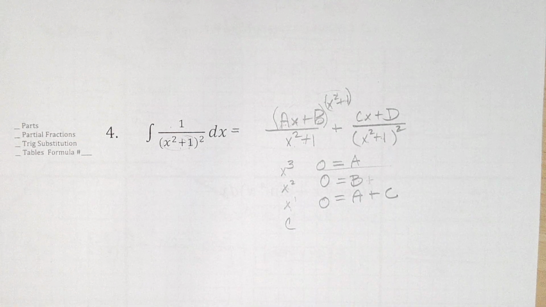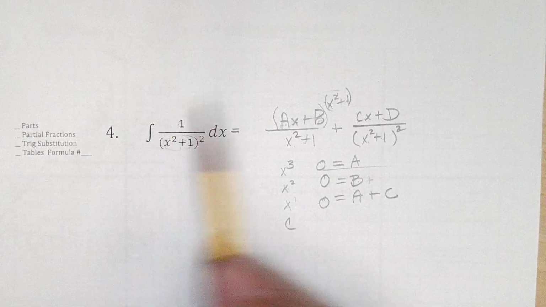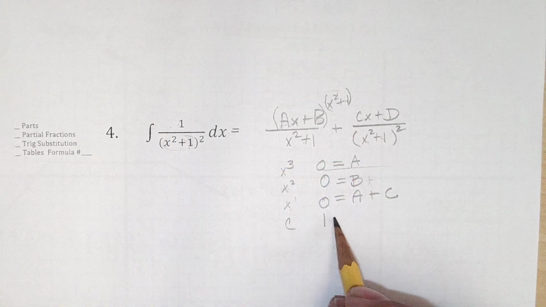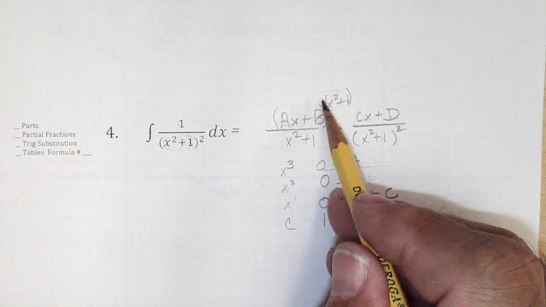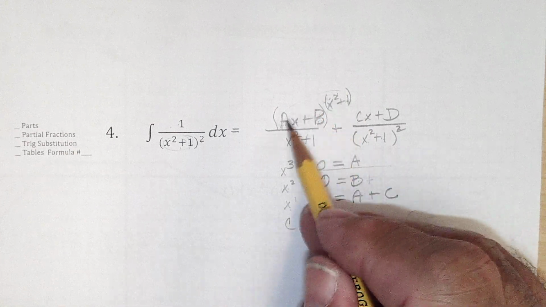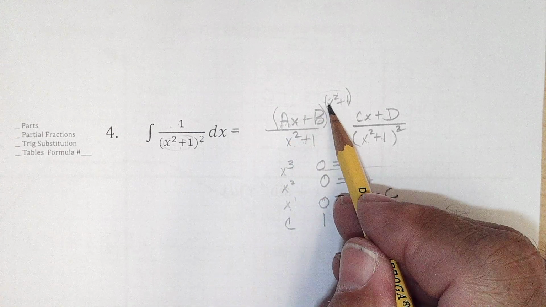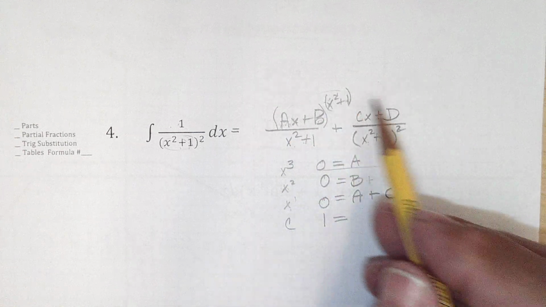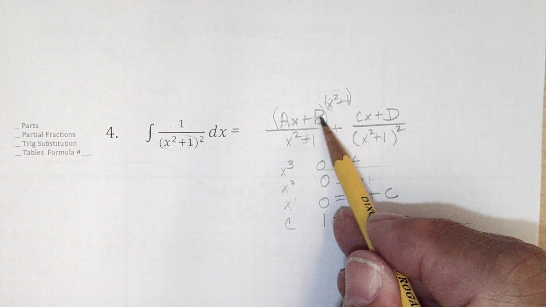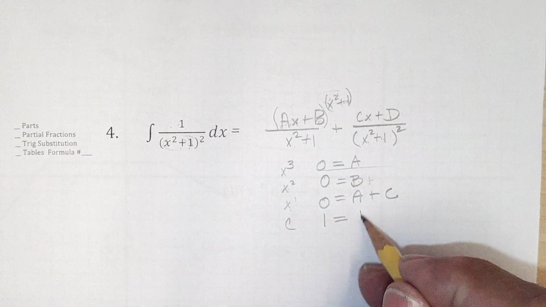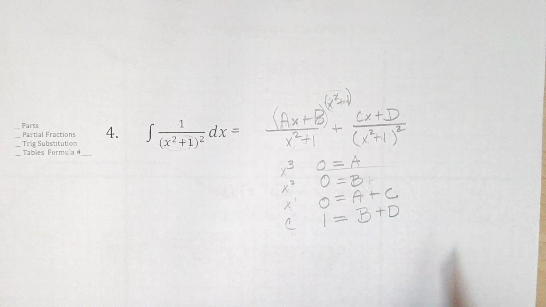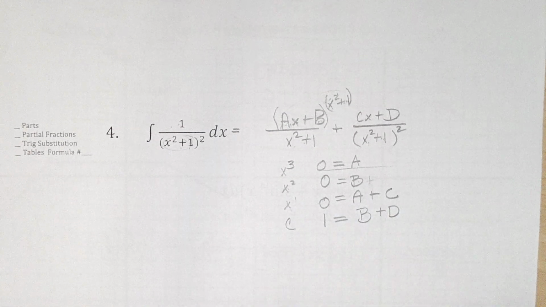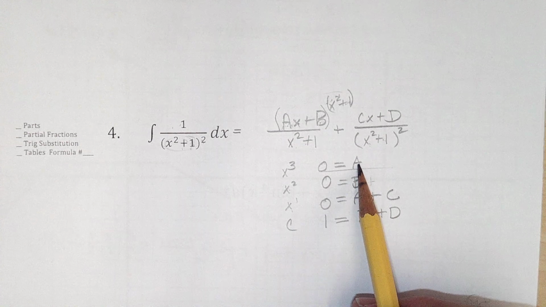So a plus c has to be 0. And then we got one constant. And that has an x, so it's not going to have anything to do with the x's. This times x, this ax times x cubed is ax to the third. The only way you get a constant is b times 1, which is b. And here we got plus d. So a is 0.